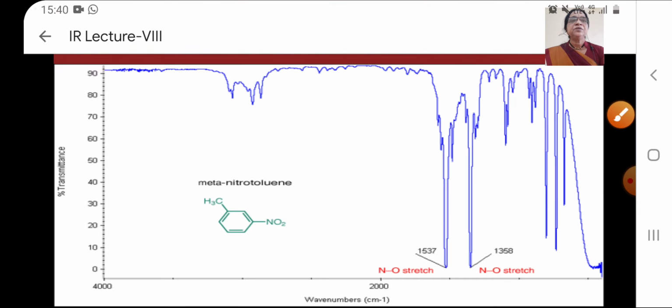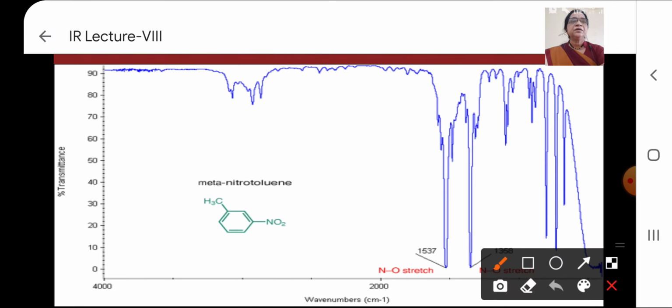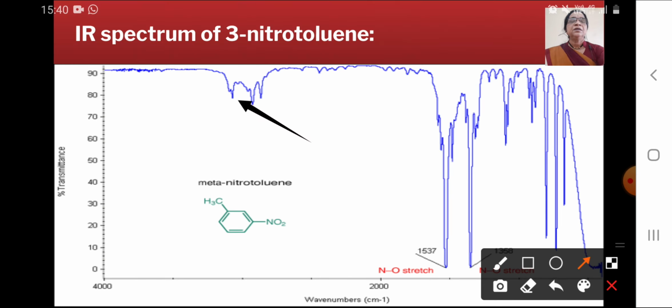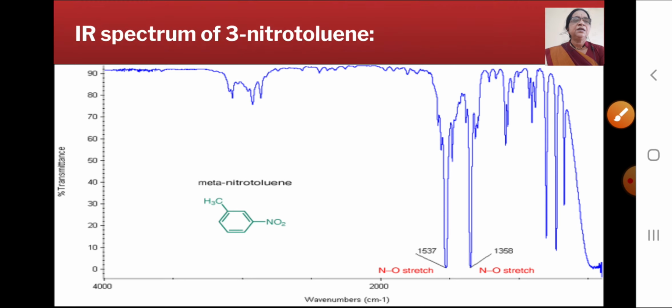Now next you will see the IR spectrum of 3-nitrotoluene. Here it shows the CH stretch at a similar position, while the NO stretching is observed at 1537, and the second at 1358, like the previous one.